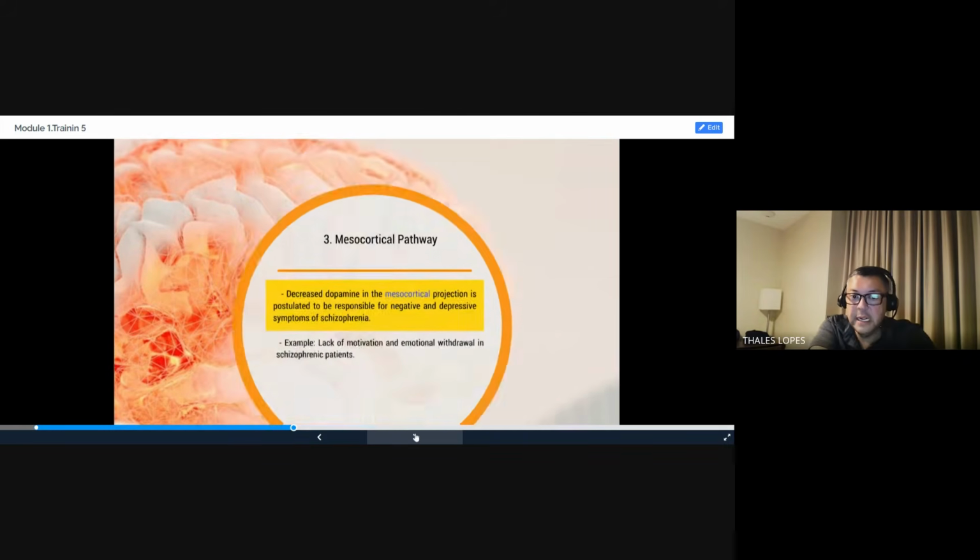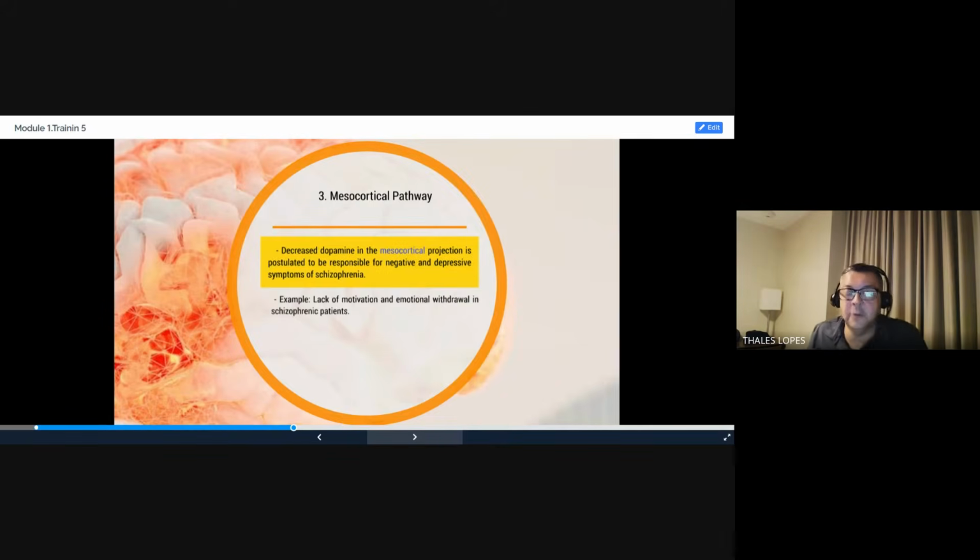Now, when it comes to the mesocortical pathway, it is postulated that less dopamine is responsible for the negative, depression-like symptoms of schizophrenia. Remember the flat affect, the lack of emotion, the sadness of the eyes.